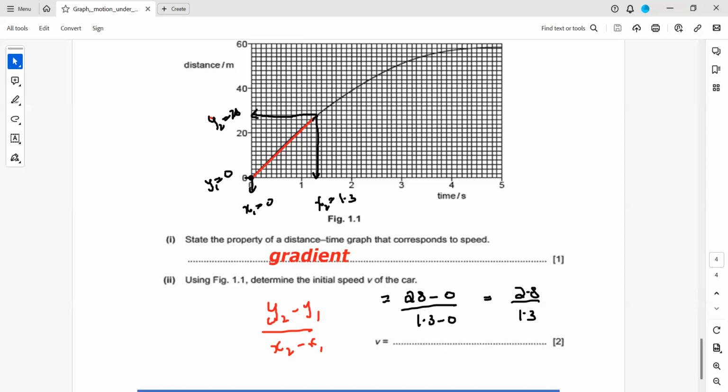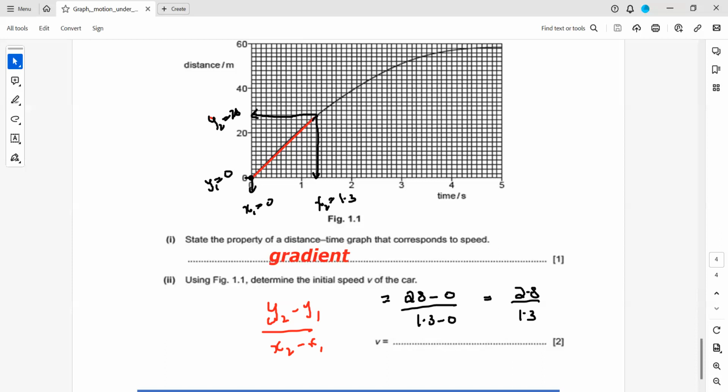Especially for a distance time graph or a speed time graph, if you need the speed of an object, don't use the formula that speed is distance over time. You're supposed to show the gradient, because that's why the graph is given. If you directly use distance divided by time, you'll score only 1 mark here.